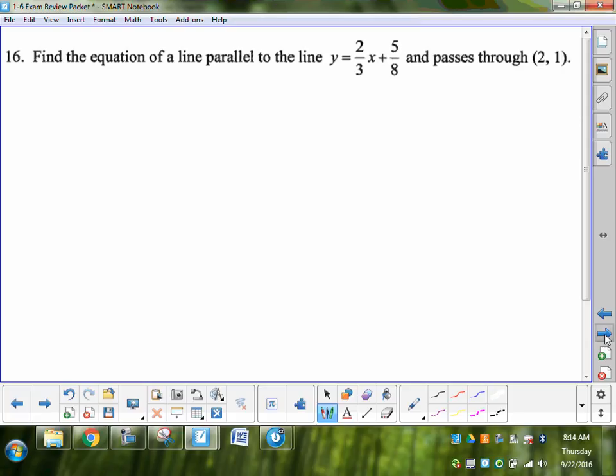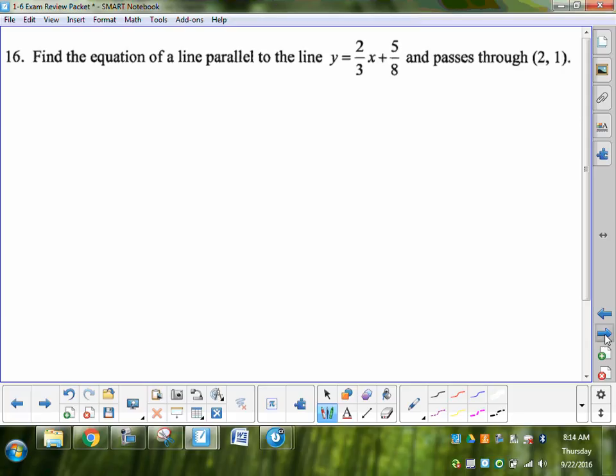Find the equation of a line parallel to that one passing through that point. Alexa, what would you do to answer that one? You have to plug in the x and y. Okay, so what would you write out? Find the equation of a line parallel to that.